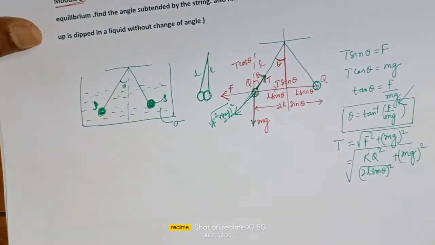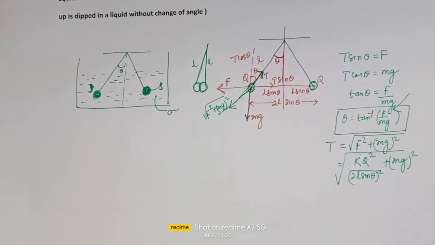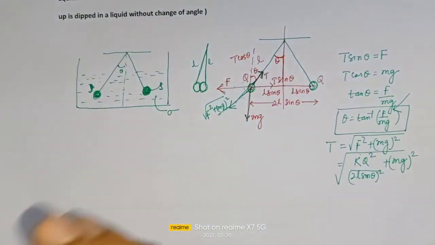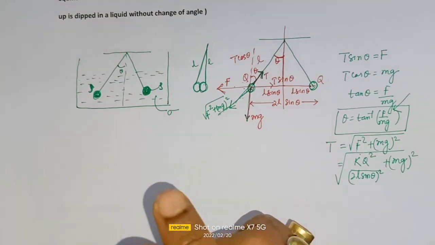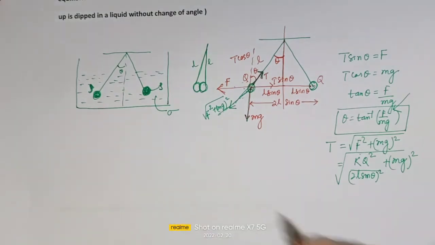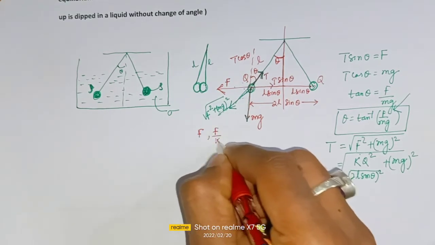We have already discussed in the basic fundamentals of Coulomb's law that if anything is dipped in a medium, the Coulomb's force will decrease by a factor of 1 by k. It means that if the initial force is F, now this force will be F by k.